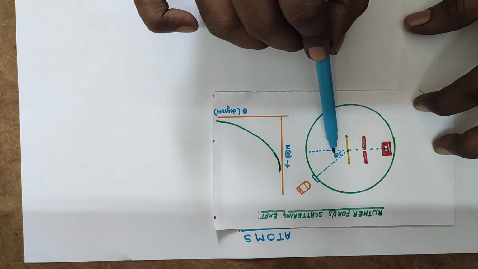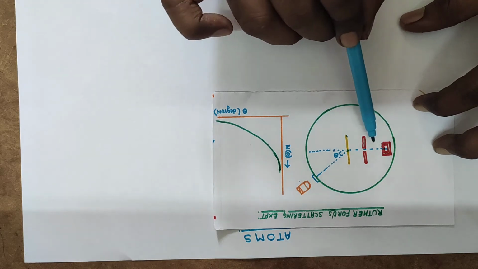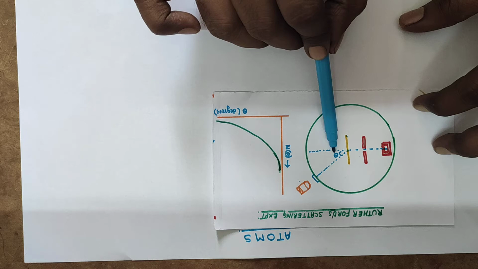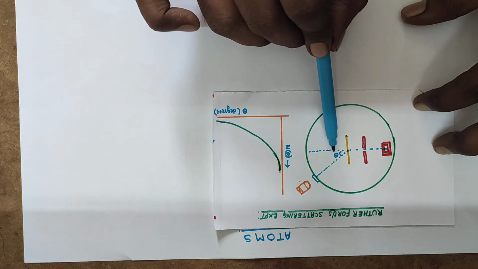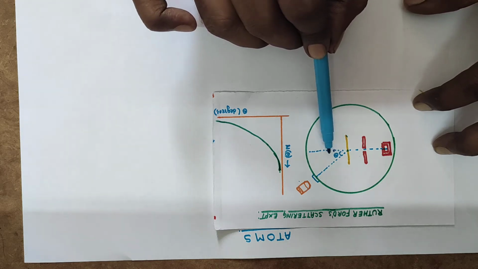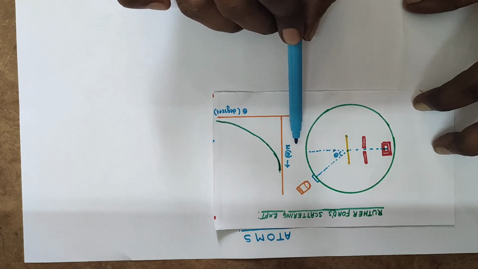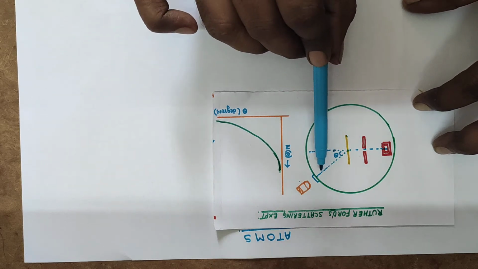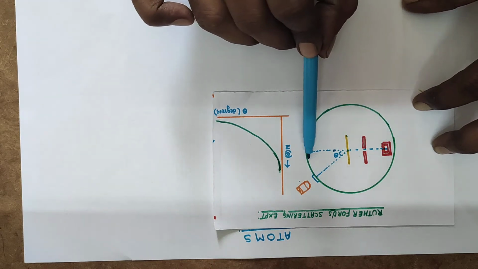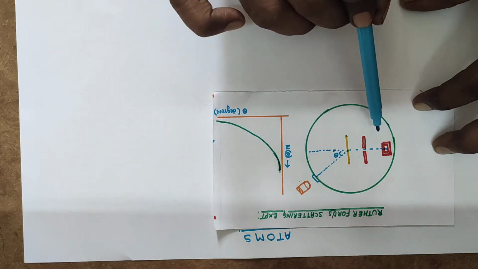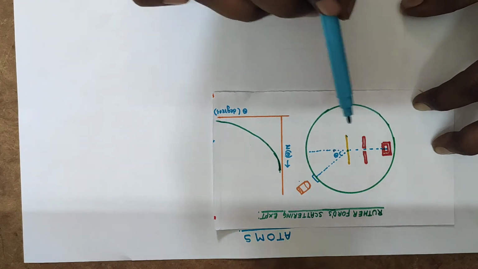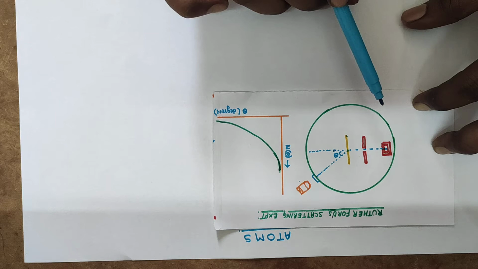By varying this theta value, they have observed the number of alpha particles scattered in different directions. With this data, they have plotted a graph.